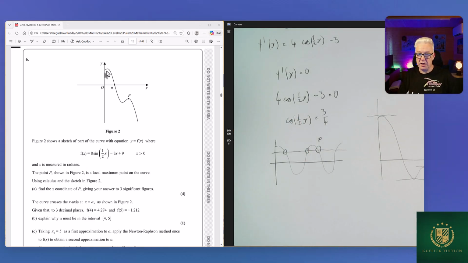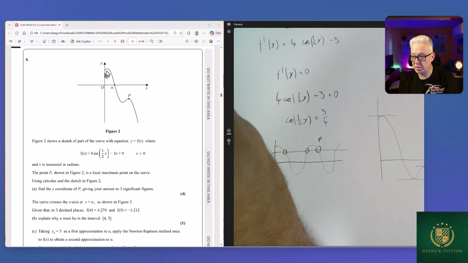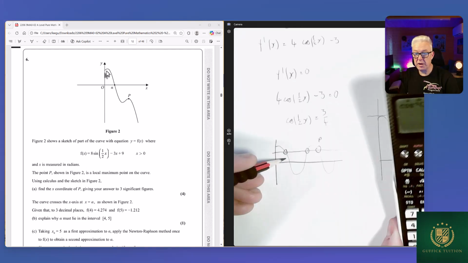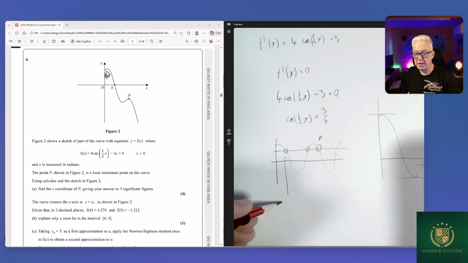So let's do inverse cos of 3/4. Make sure we're in radians, angle unit radians, and we're going to do inverse cos of 3/4. Okay, and that gives me 0.722, so that's my first solution there.